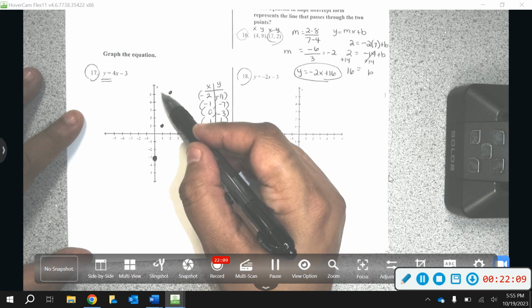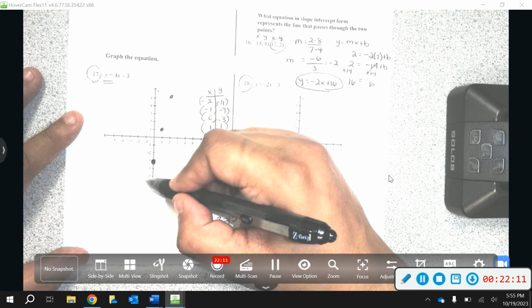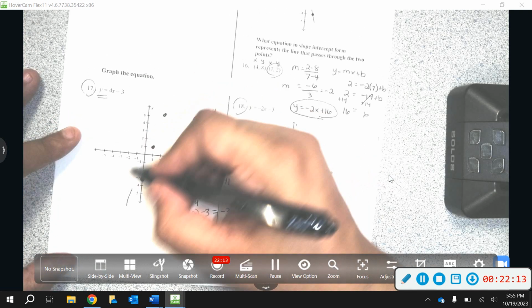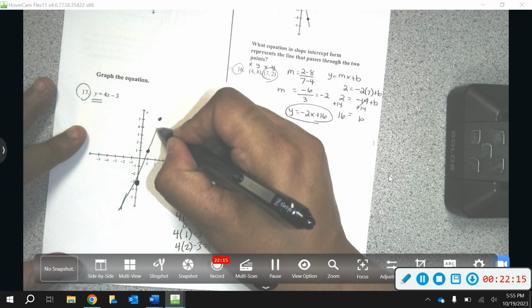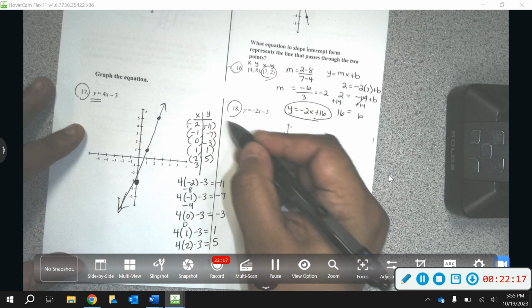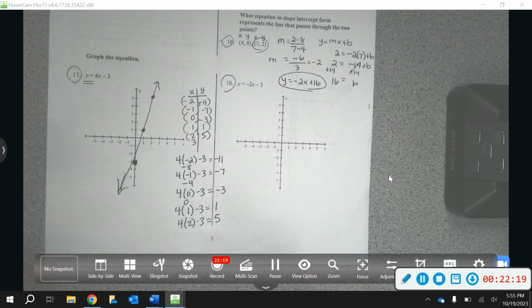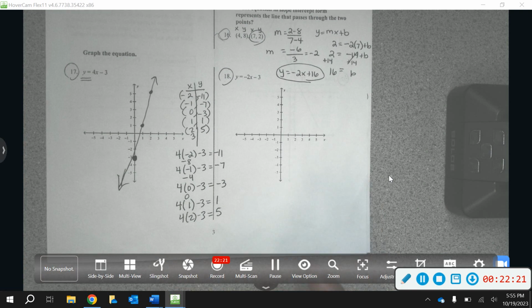That's 4 over 1, if you are doing it that way, by rise over run. If not, then do the XY table. It's fine. Now let's see what this looks like on the calculator.